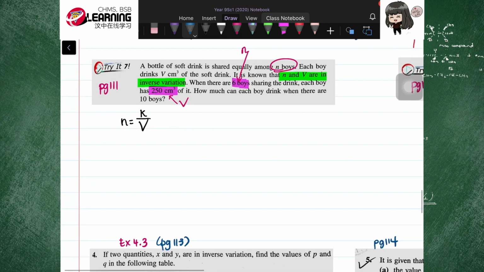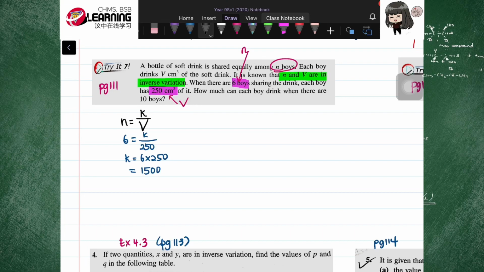From here we can find our k by substituting n and v. So 6 equals k over 250, so k equals 6 times 250, which is 1,500. It's the same as when you start with n times v equals k and substitute in.